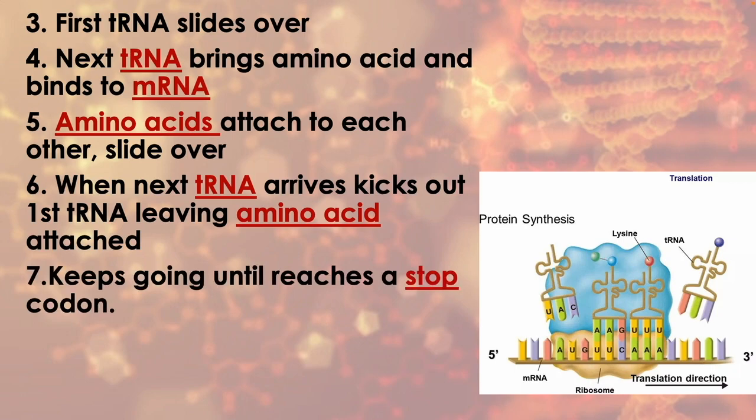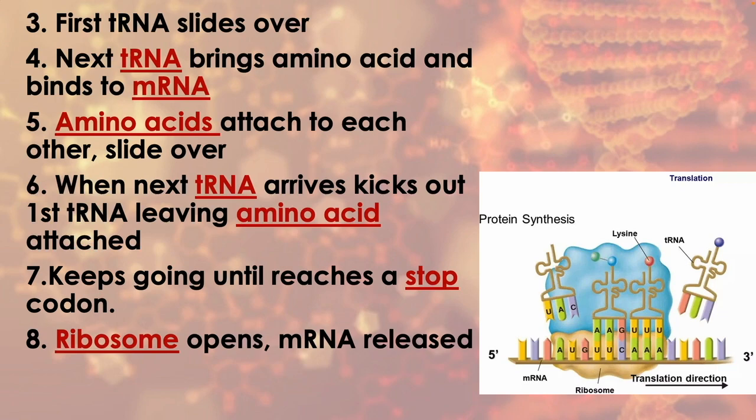It keeps going until it reaches a stop codon, and the stop codon says, "Stop right there!" And then the ribosome comes apart, and voila, we have a protein. So 7 easy steps to getting a protein. So the ribosome opens, actually 8 steps, sorry about that. 8 steps. The ribosome opens and the mRNA is released, and we have a protein.